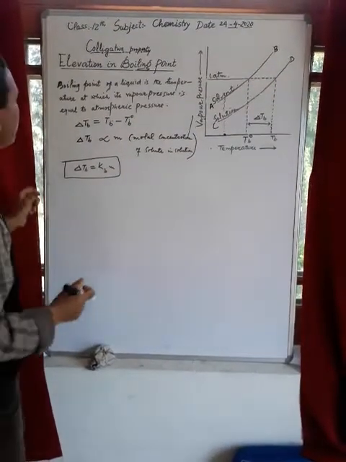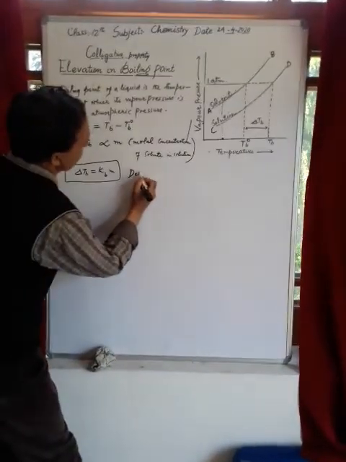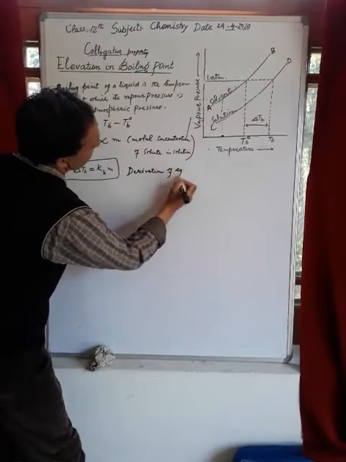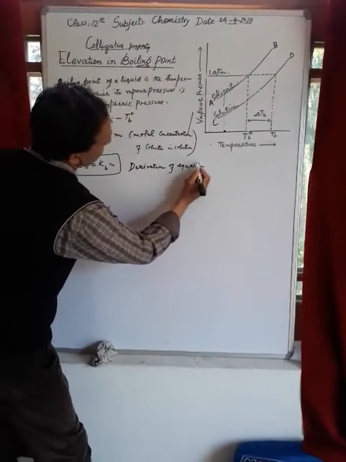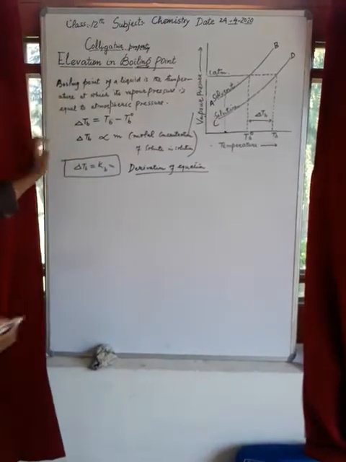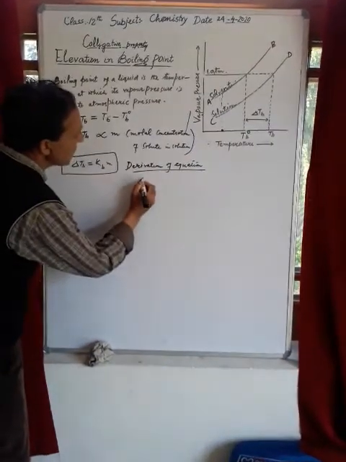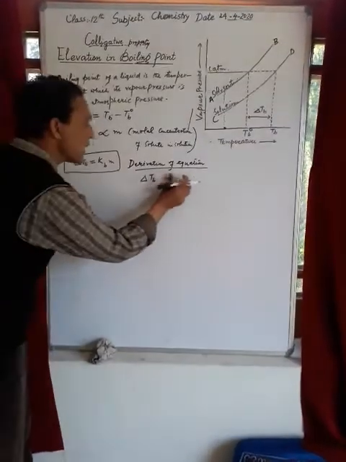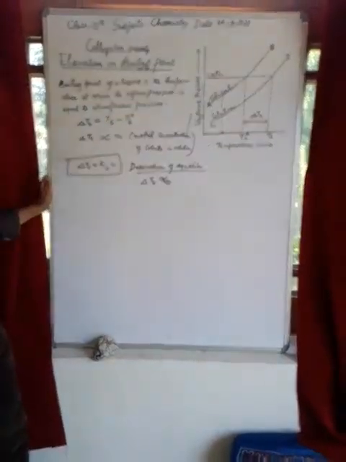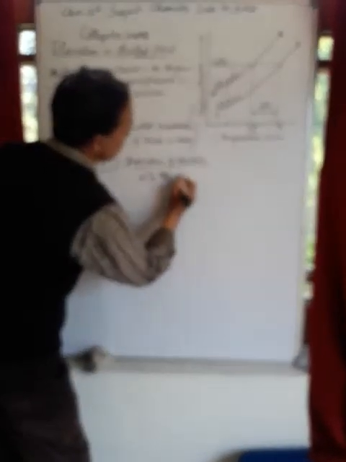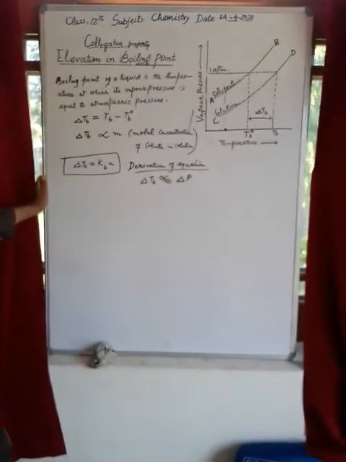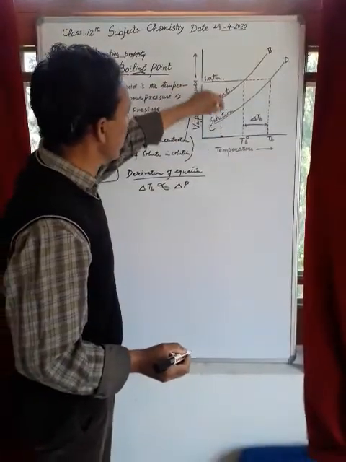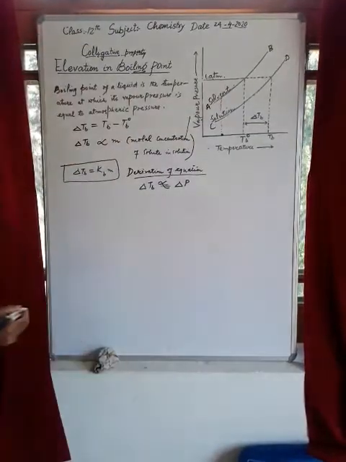Derivation of the equation. It has been found that the elevation in the boiling point is directly proportional to the lowering of the vapor pressure del P, because by the addition of the non-volatile solute, the vapor pressure of the solution decreases.